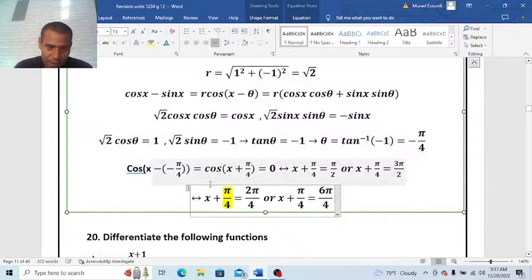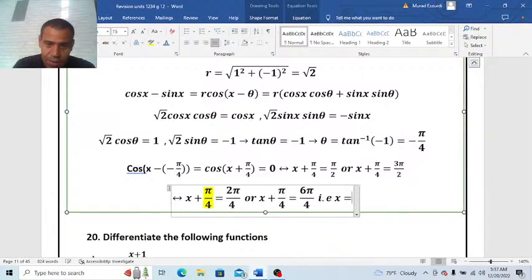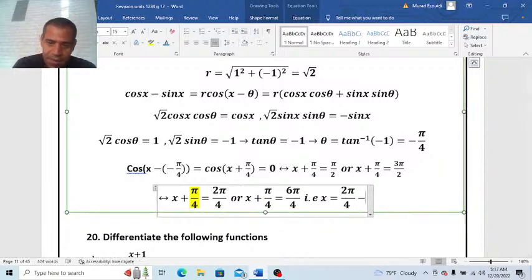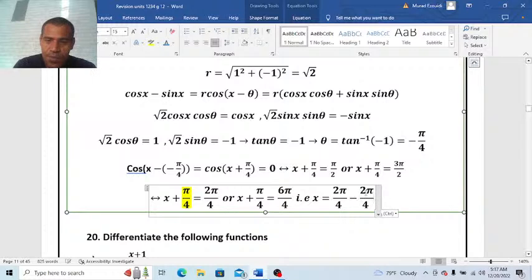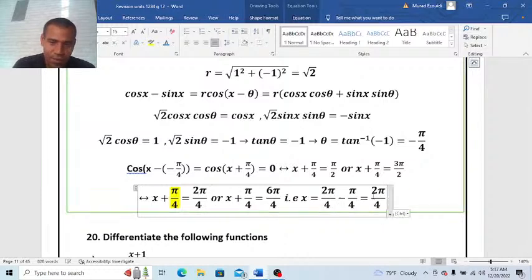Right now, this will give us minus x is equal to what? 2 pi over 4. This is 2 pi over 4 minus pi over 4, which equals pi over 4.